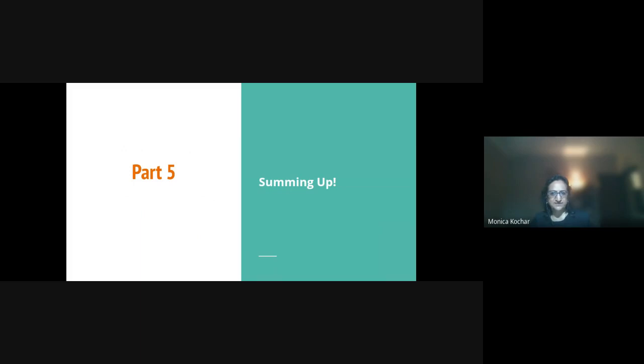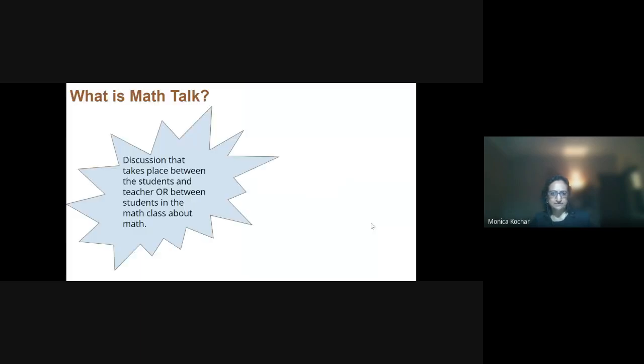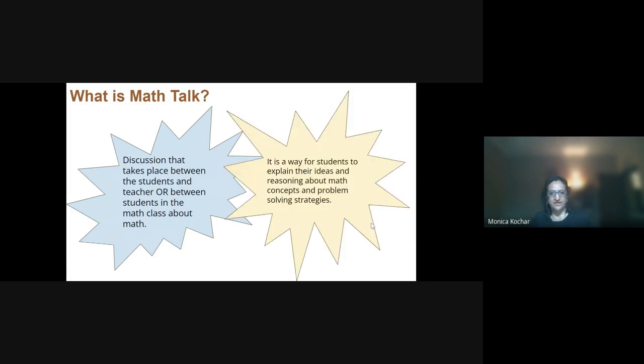So summing up, math talk is a discussion or a conversation in a maths class. It can be happening between 2 students, 3 students, a group of students, or between a teacher and a student. Secondly, it is a way for students to explain their reasoning about concepts and problem-solving strategies.